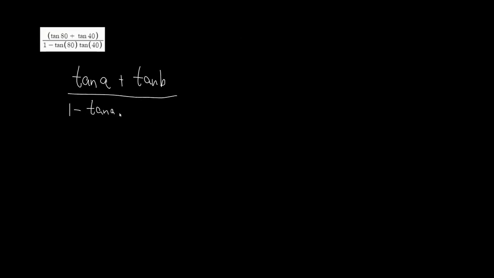Again, do not be intimidated about this. Okay, don't be. All right? Always familiarize yourself with the formulas in the sum and difference identities. So this one looks familiar. All right? So if you recall, this one is what? Tangent A plus tangent B all over 1 minus tangent A times tangent B. Okay?